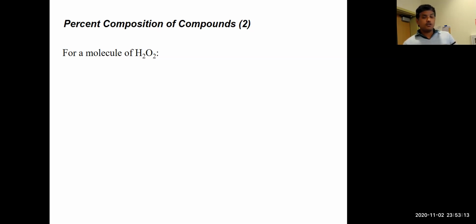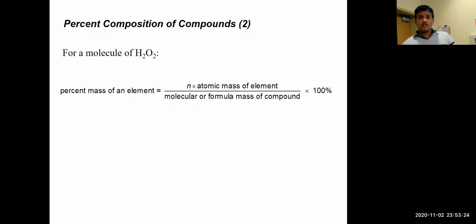For a molecule of H2O2, what is the percent composition of hydrogen and oxygen in its entire formula? Again, this is the formula that we use to identify the percent composition of each individual element. First, let's identify for hydrogen.